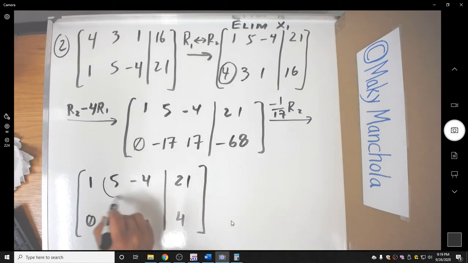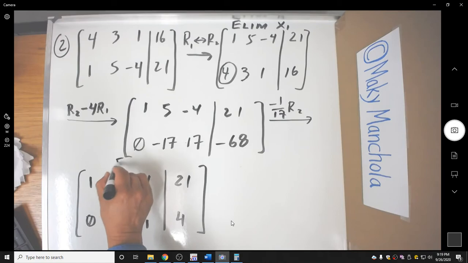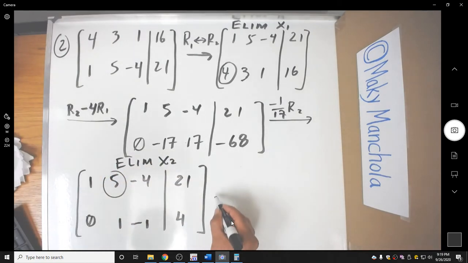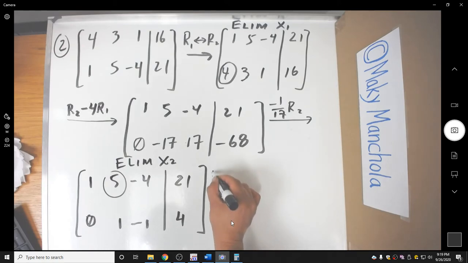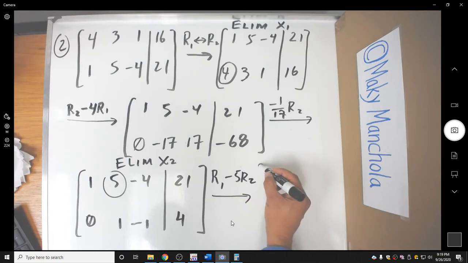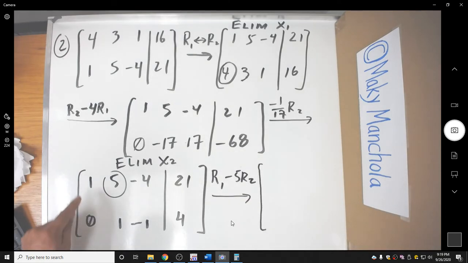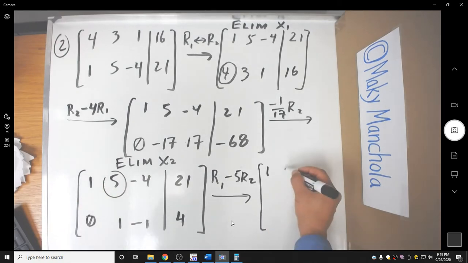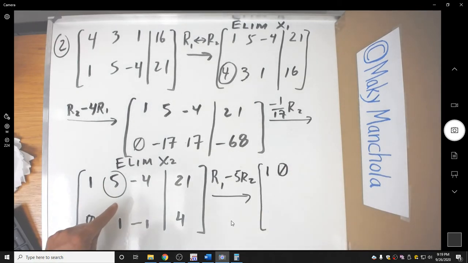Now we're going to eliminate x2. So that's 5. The way to do that is to take row 1 minus 5 row 2. So 1 minus 5 times 0 is 1. 5 minus 5 is 0.